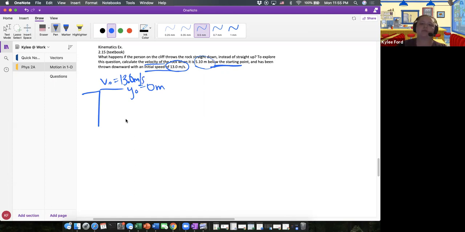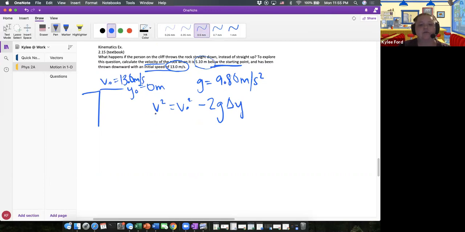We want to calculate the velocity, so we are going to use what we did above: v squared equals v naught squared minus 2g delta y. Remember, our g is 9.80 meters per second squared.